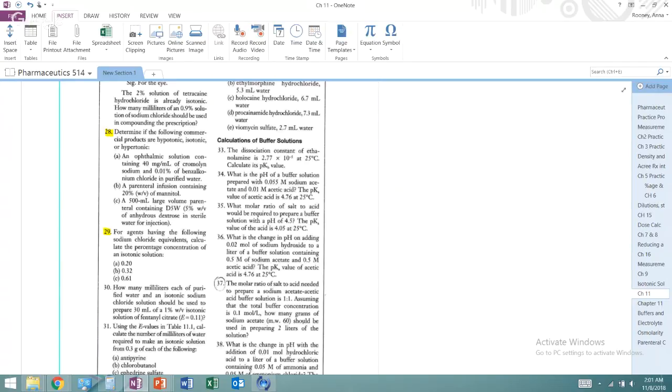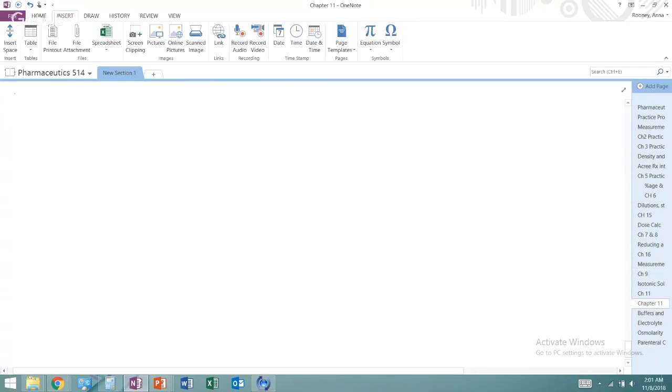So let's convert both of these to the amount of grams per 100 milliliters because that makes it easier for me. So that's the first thing that I want to do if I saw this problem. Let's just assume that we have 100 milliliters.